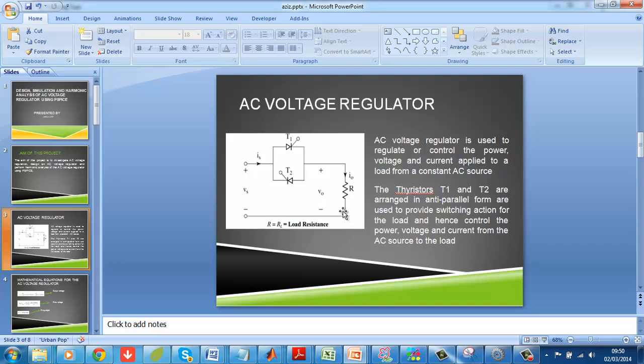And we showed the electrical design of the electronics of the AC voltage regulator with the input voltage, output voltage, and then we have the thyristors which are used to switch the voltage such that the output voltage is going to be regulated.